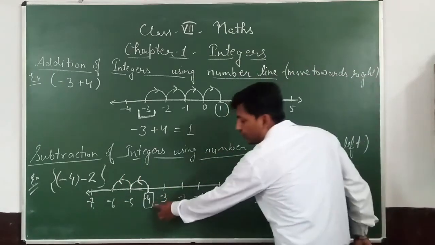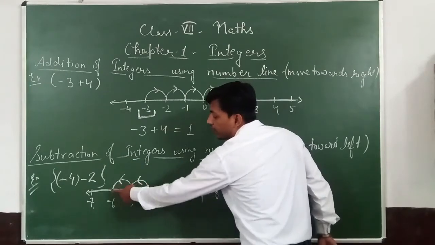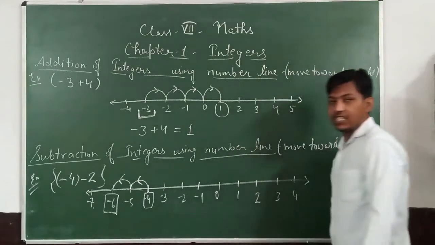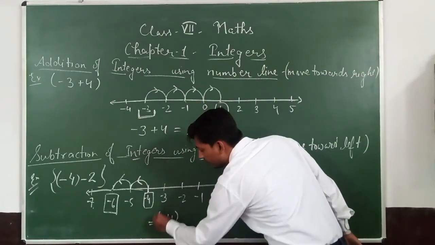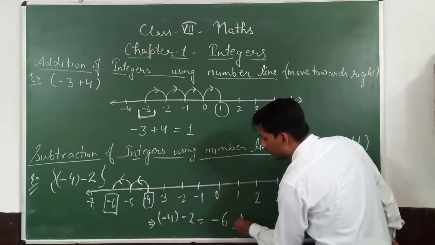So from minus 4, move left side 2 steps and we will reach minus 6. So our answer is minus 4 minus 2 is minus 6.